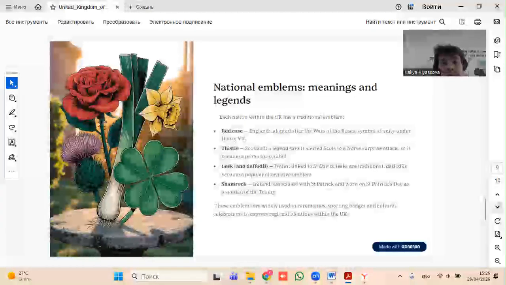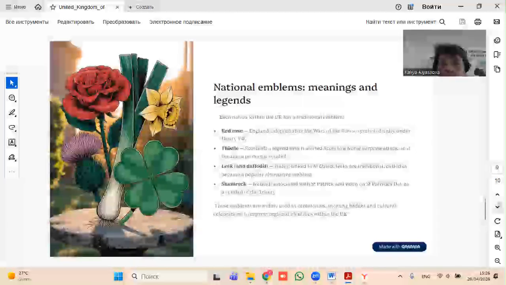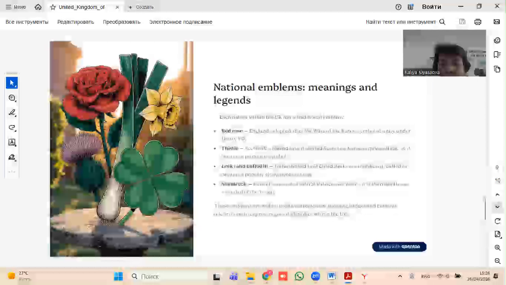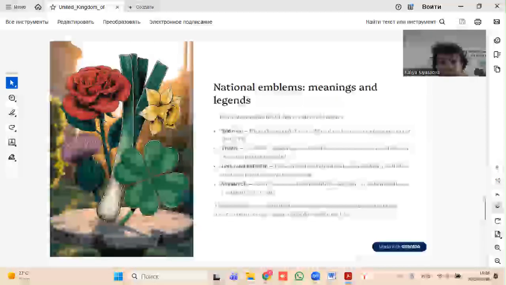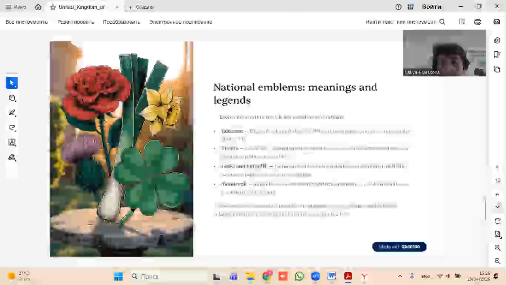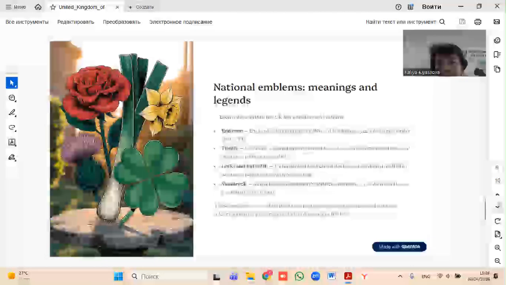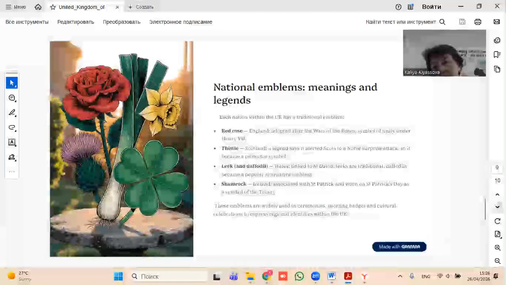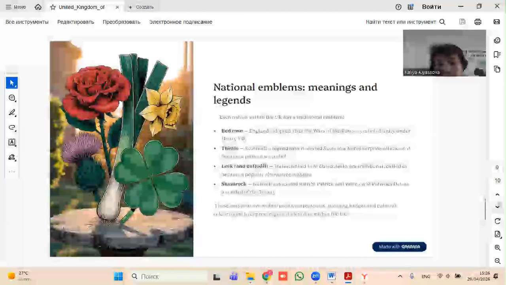And the last discussion slide is national emblems, meanings and legends. Each nation within the United Kingdom has a traditional emblem. The red rose, England, adopted after the Wars of the Roses, a symbol of unity under Henry VII.